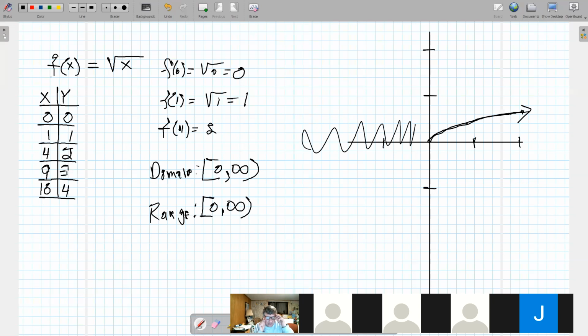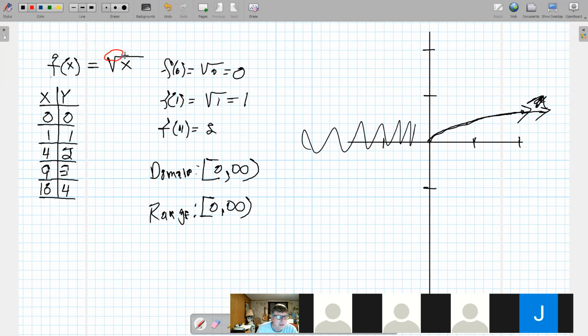Now, is that the infinity sign, or is that because it keeps going? Right, because of the arrow. It keeps going this way and it keeps going up. Okay. Now, let's go back to what we talked about earlier. Some restrictions. Our index is a 2, so it's even.